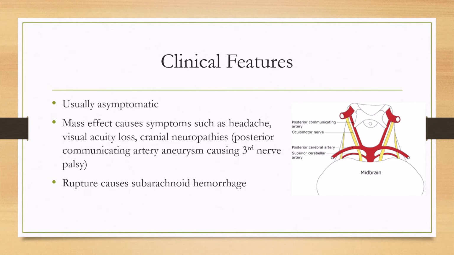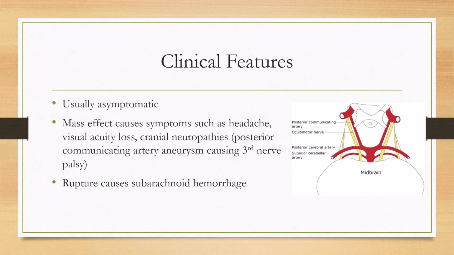So normally these aneurysms are asymptomatic, and they are incidentally discovered from head imaging that is done for other reasons. Other times you can have symptoms that are thought to be caused by mass effect, such as headache, visual acuity loss, or cranial neuropathies.